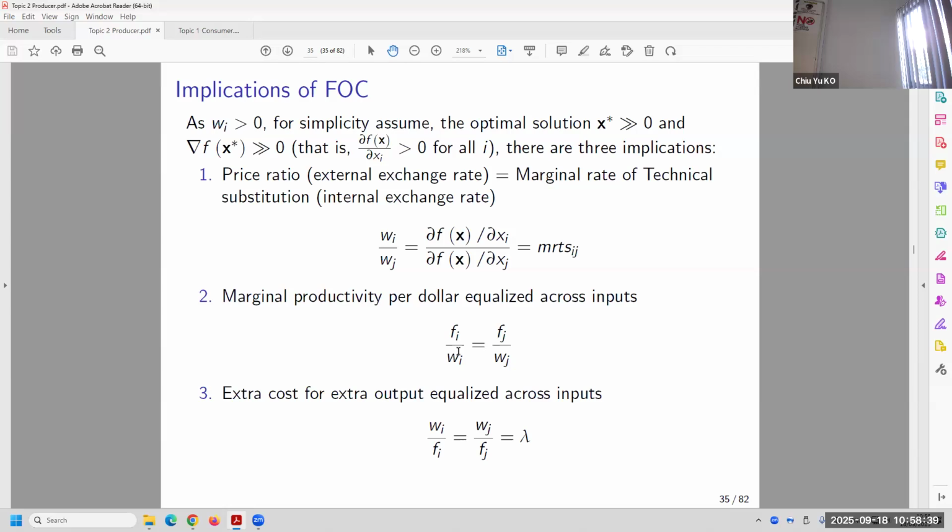Because it's how much $1 can buy you for input I. And if I take away $1 from you, you buy 1/W_I units less, and that means that you produce this much less. It's an output reduction, right? I take away $1 from you, and you have to reduce the production through input I, and that is how much your output reduces from the I perspective. But this is from the J perspective, right? And it must be the same.